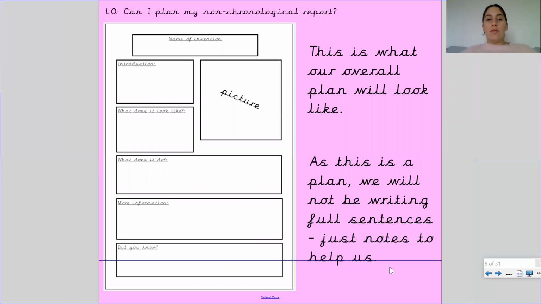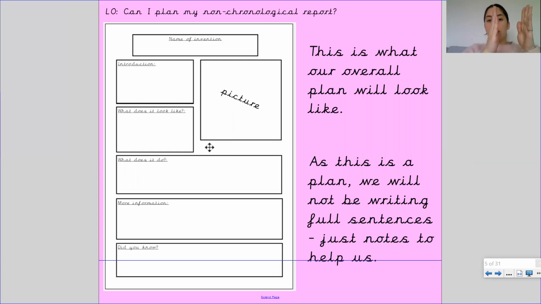This is what the overall plan will look like. It's got all the sections that our text map has. So it's got the title, the introduction paragraph, what does it look like paragraph, and the picture goes on the side here. So when we're writing our introduction, we don't want to take the full space of the page.